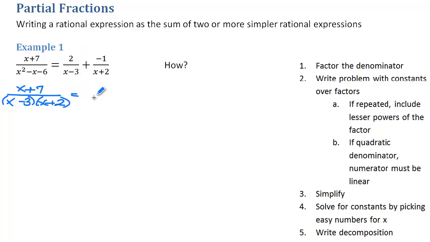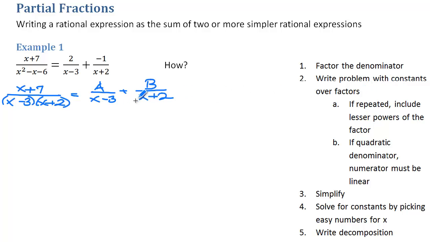We write the denominator x minus 3 as one of the denominators of the first rational fraction, and we don't know what its value is in the numerator, so we place a simple A in the numerator, a constant. And we're going to write the second denominator, x plus 2, with a numerator we don't know either, so we write a B. So we have a problem with constants over factors.